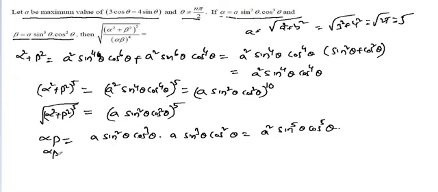So alpha beta whole power 4 is equal to a square sin power 5 theta cos power 5 theta whole power 4.